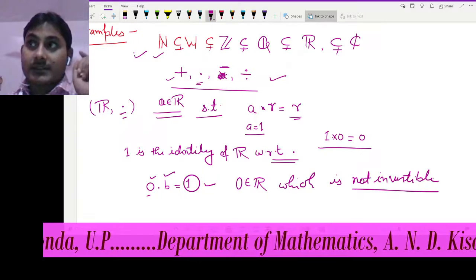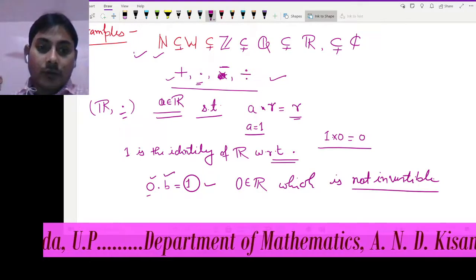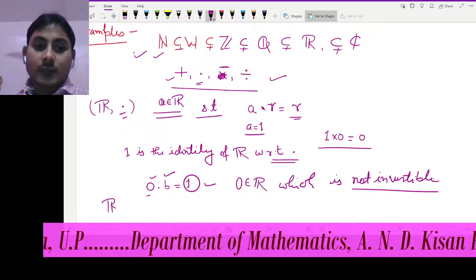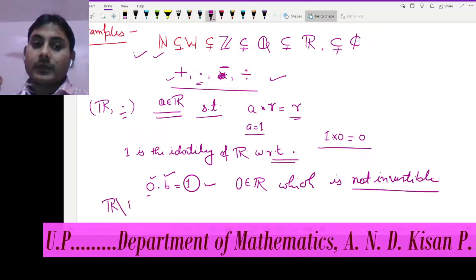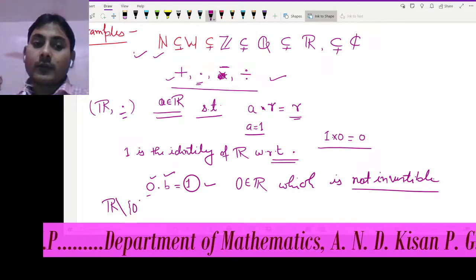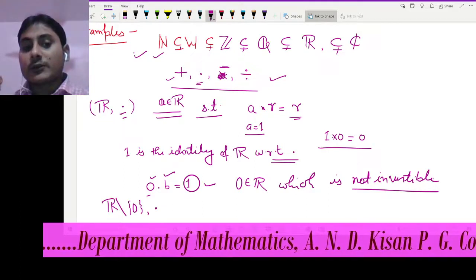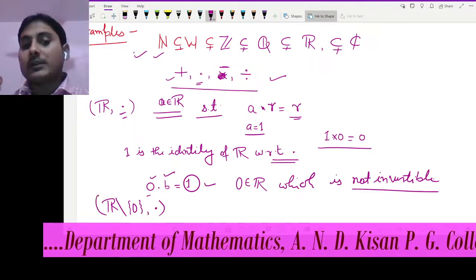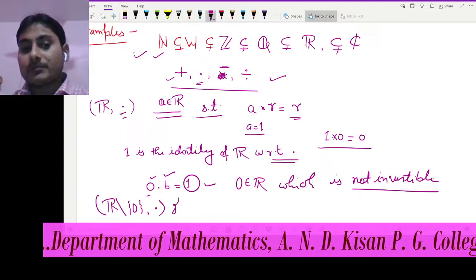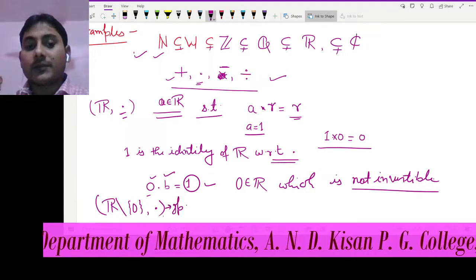So it suggests that if you remove 0 from R, then whatever collection you get, this particular thing forms a group.